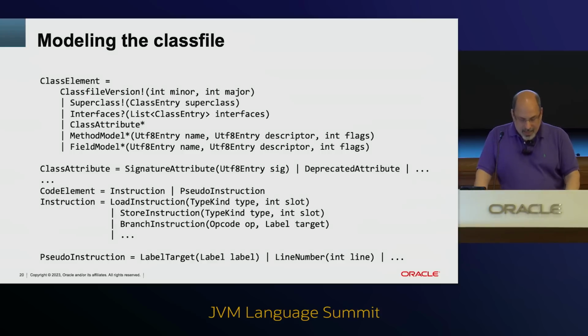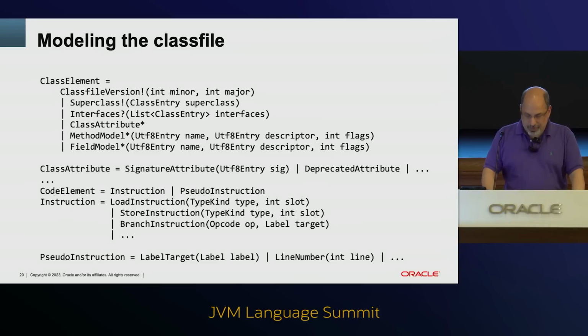And similarly, at each level, all right, what attributes can be on a class? Well, it could be a signature attribute or a deprecated attribute, and I just went through the appropriate chapter of the JVM spec to write this out. And then down at the bottom level, same thing with the code. The element of a method body is either an instruction or a pseudo instruction.